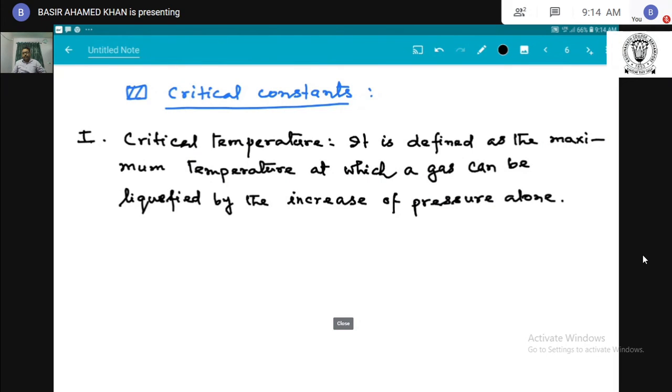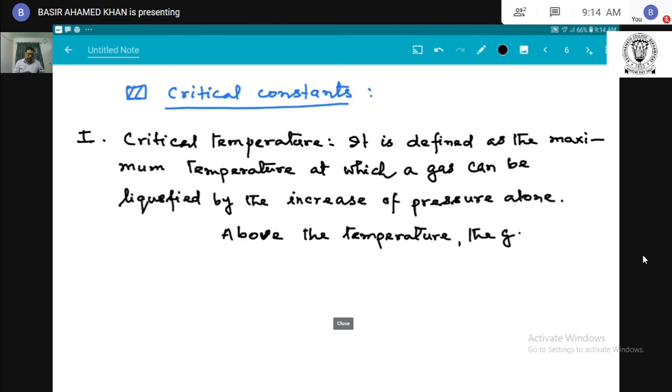Above this temperature, the gas cannot be liquefied, however large the applied pressure may be.